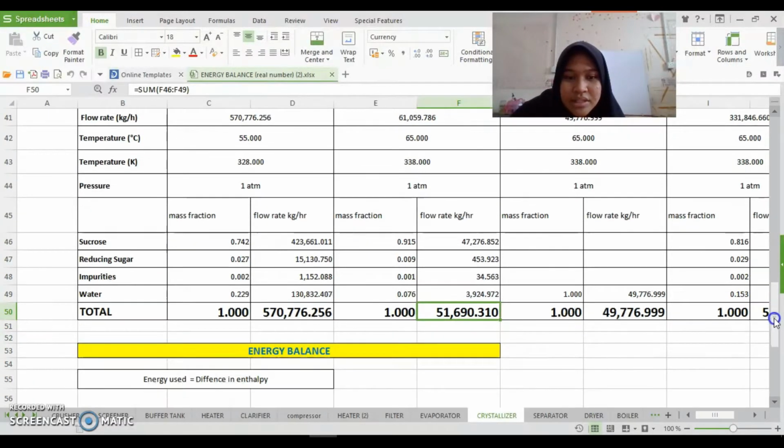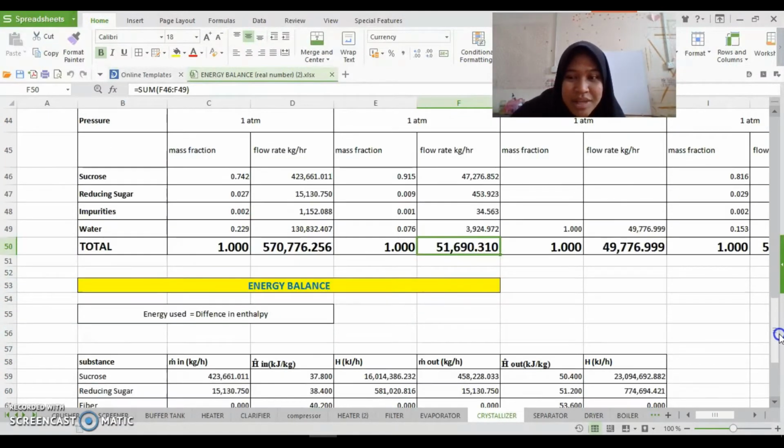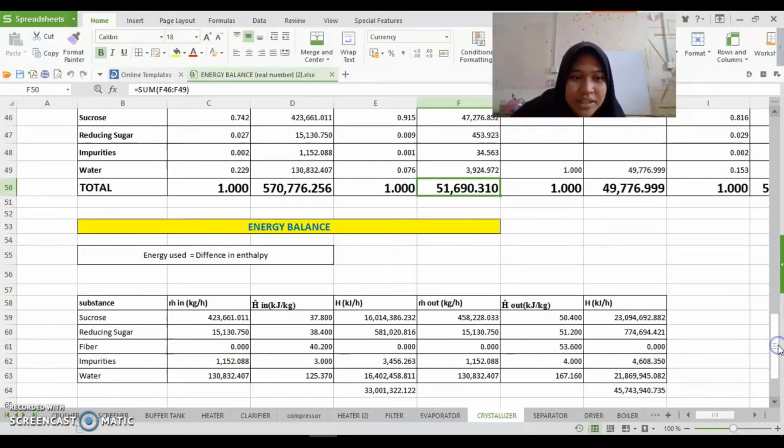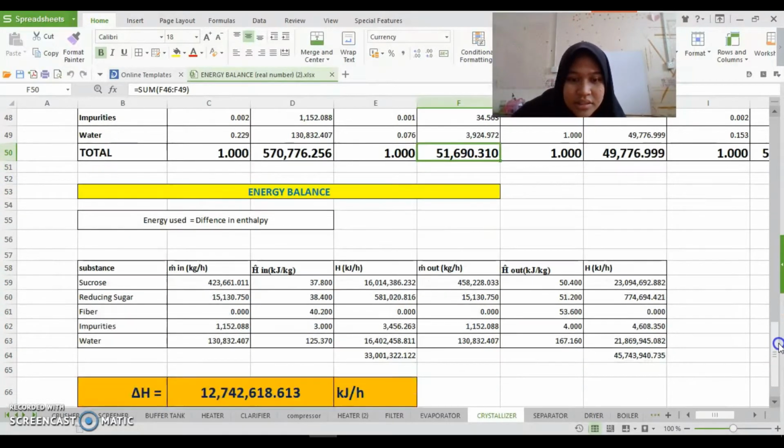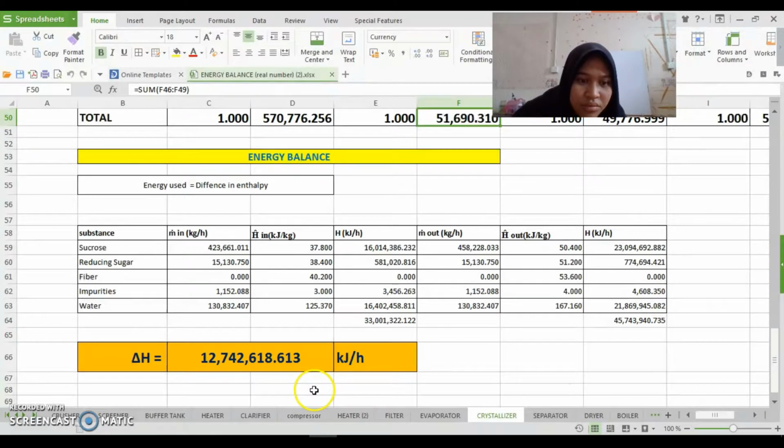The energy balance for the crystallizer is around 12 million kilojoule per hour.